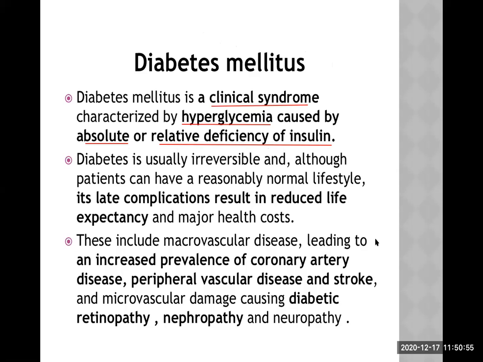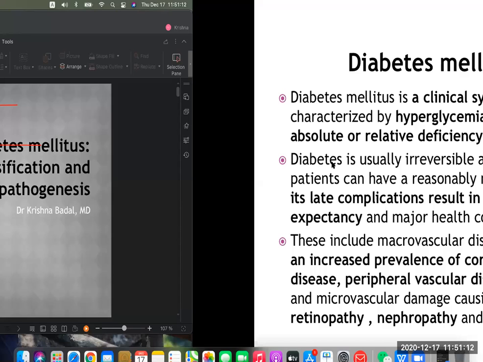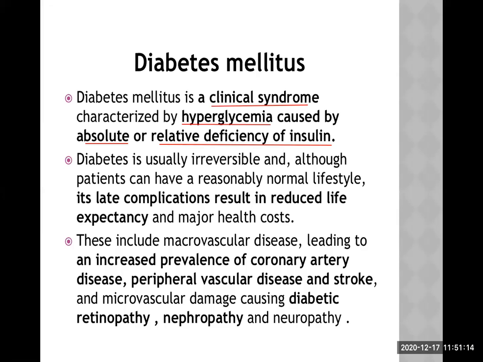What is relative deficiency? Sir, the insulin is there, but it's not sensitive to the receptors. Good. Very good point you have mentioned. Insulin is there, but the receptors are not responding to that insulin.